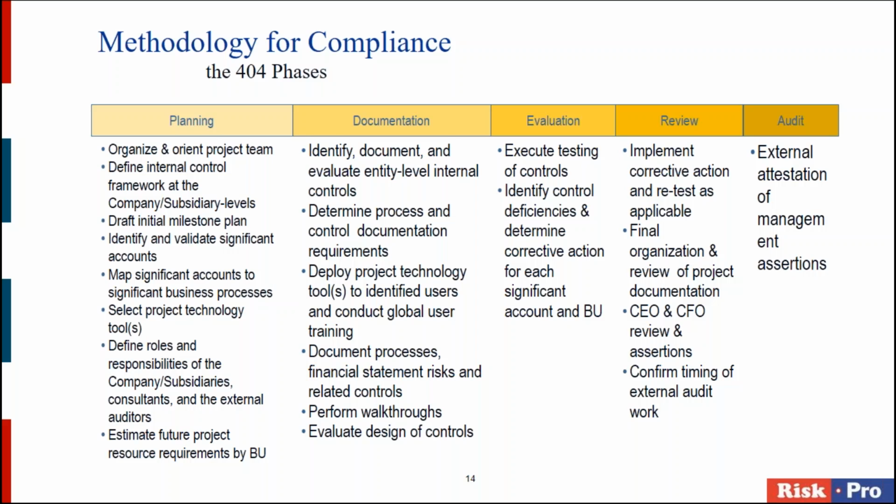Map significant accounts in business processes. Select project technology tools. We have to define the roles and responsibilities of the company, subsidiaries, consultants, and the external auditors, basically scopes. And we have to estimate the future project results required by the business changes.